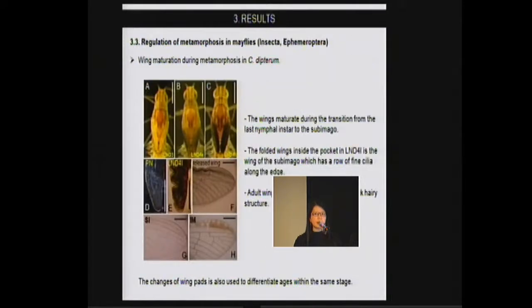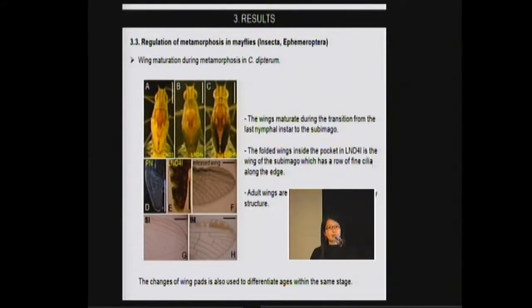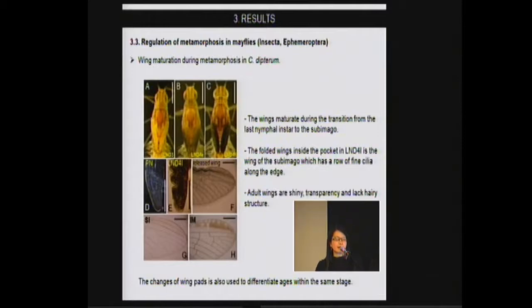And then we also looked at the wing maturation in this species that occurs during metamorphosis. The maturation of the wings has a big change during the last 2 days of the last nymphal instar before molting to subimago.